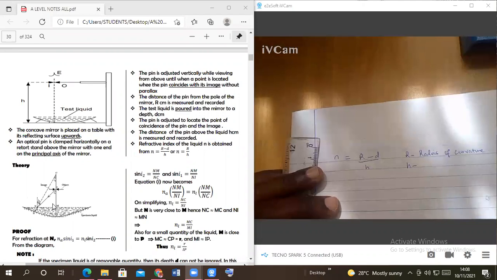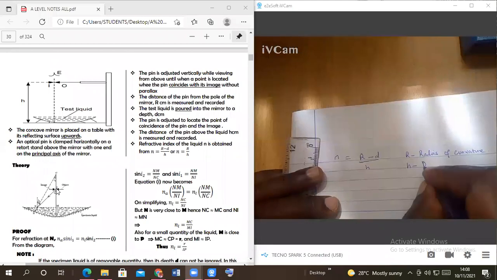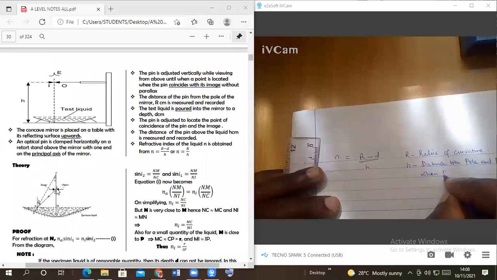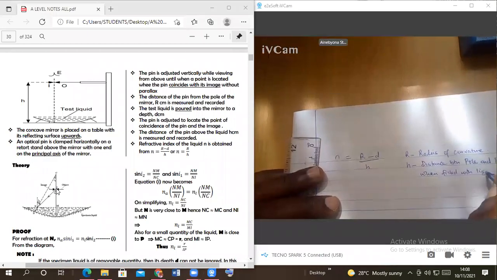Now I don't want to call it radius of curvature, but it is the distance from the pole to the pin when the liquid is filled in the mirror. So this is the distance between the pole and the pin when filled with liquid.